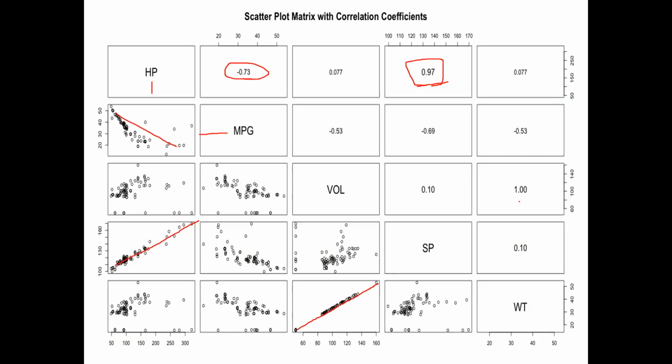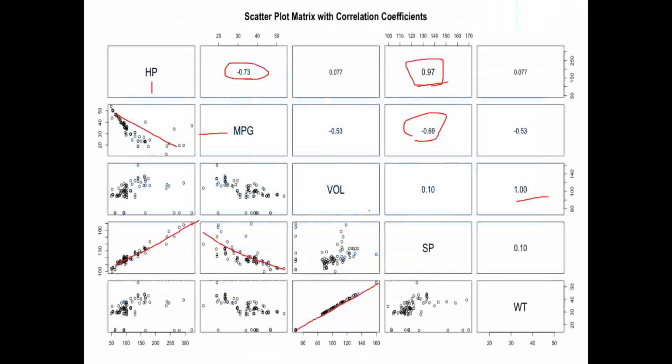It's 1. You can make out the correlation between two variables by looking into this. There also seems to be a negative correlation between miles per gallon and top speed. It's minus 0.67, right? And anything else which seems to be significant, nothing else.